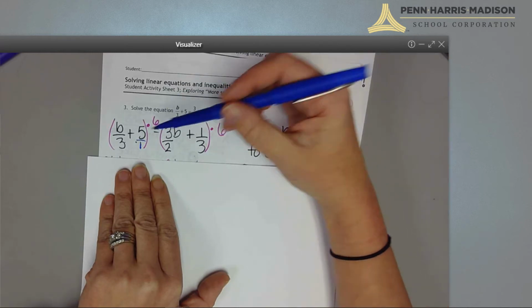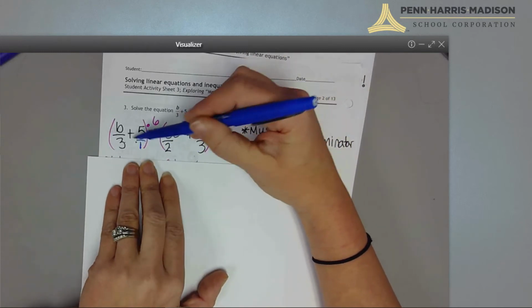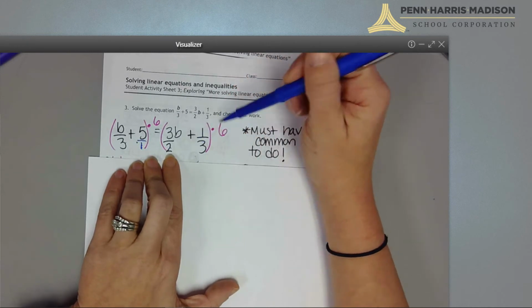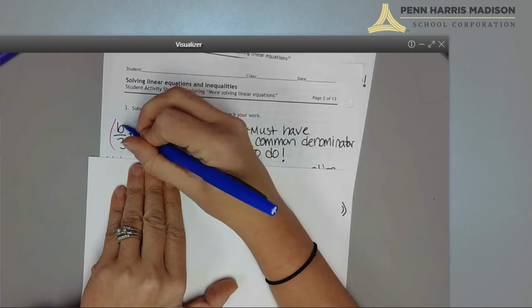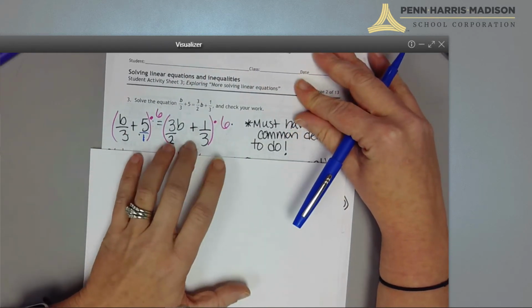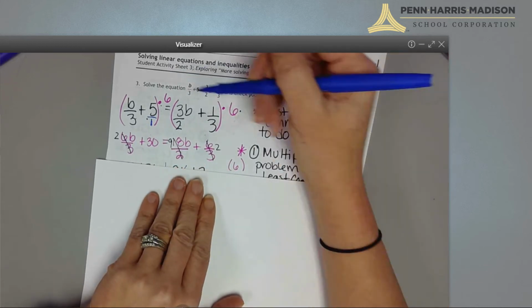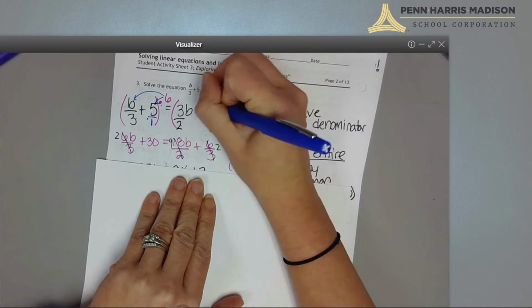The easiest way to do that is just to multiply. Pick your number. So I see a 3, a 1, and a 2. What is the smallest number that they can go into? That's 6. So I have to multiply everything on both sides by the number 6. When I do that, it just multiplies to the top number.